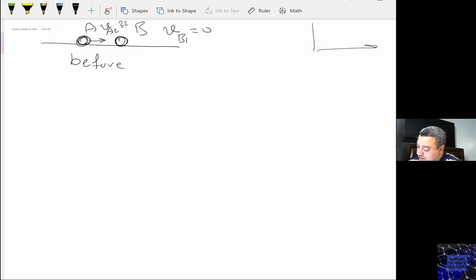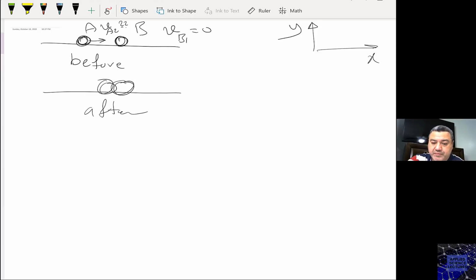This is my coordinates, X and Y. Then after, they will become one mass, right? So I have MA as 71 kilograms.